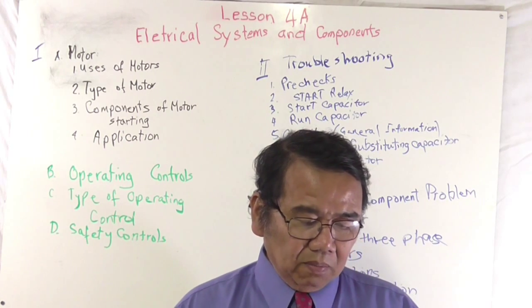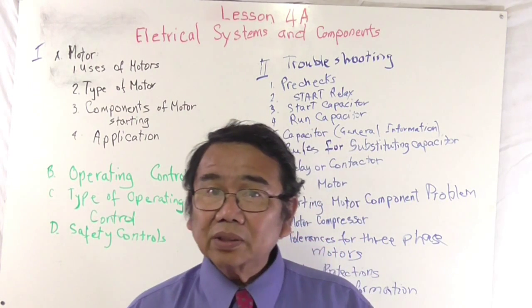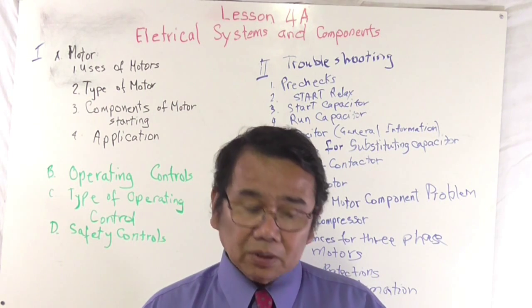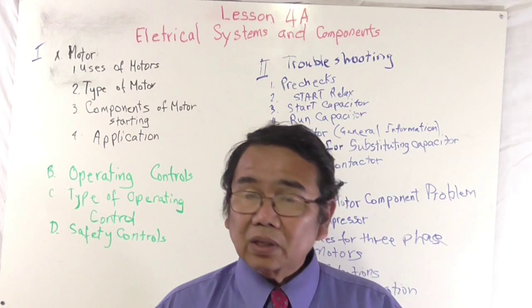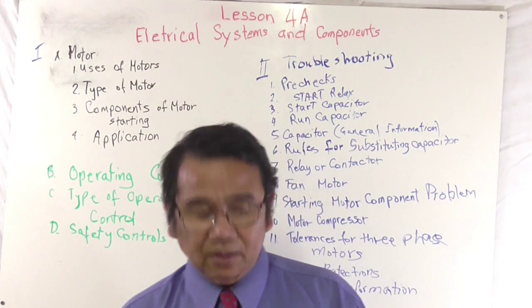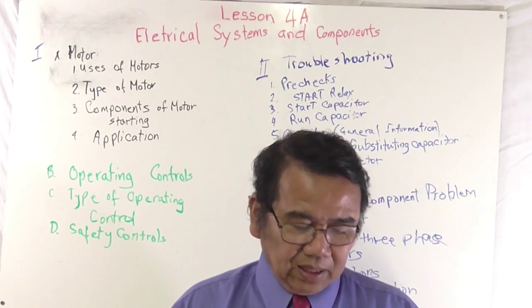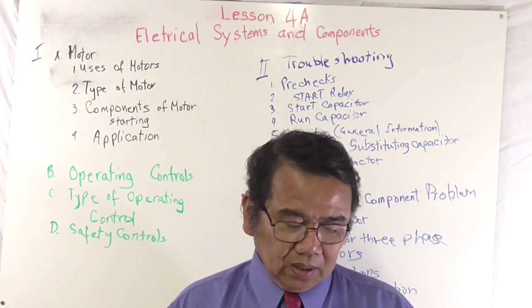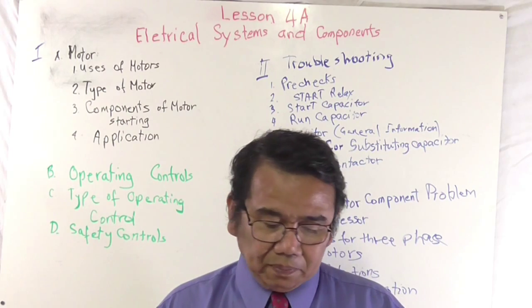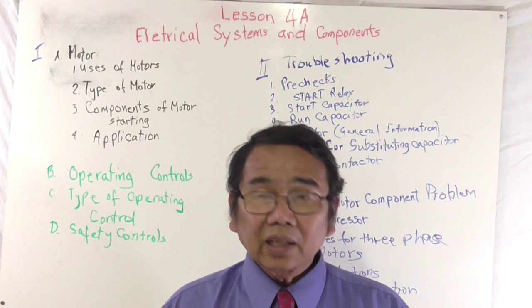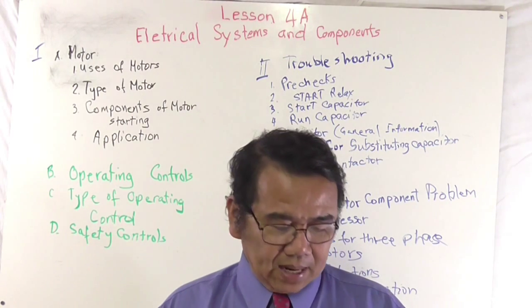Wrong size: it must be sized along with other starting components for the particular compressor being used. And then you have a burnout. Burnout: improper wiring, run capacitor burned out or wrong one, high head pressure, and then compressor burnout.